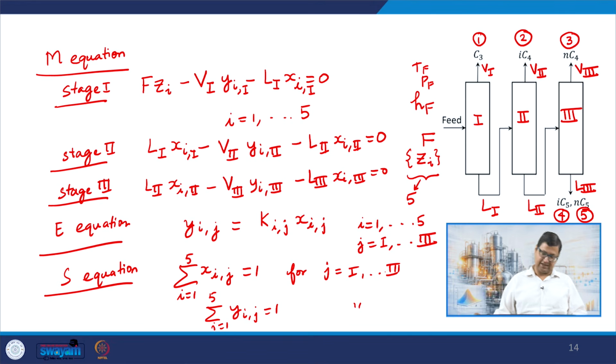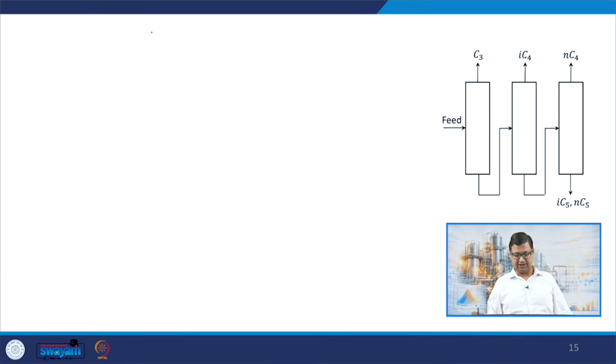And finally, we can write the H equation for the cascade. Let us write on the next slide.